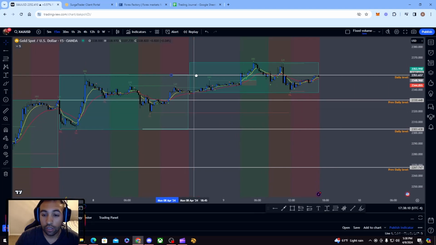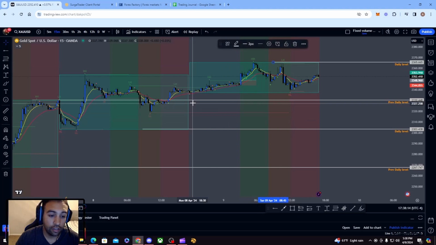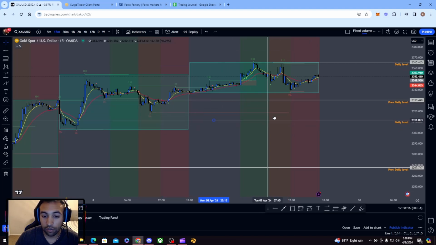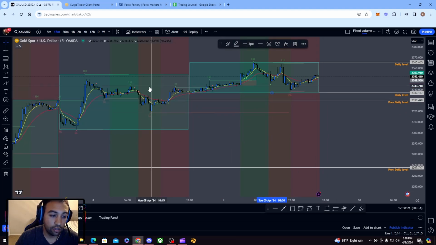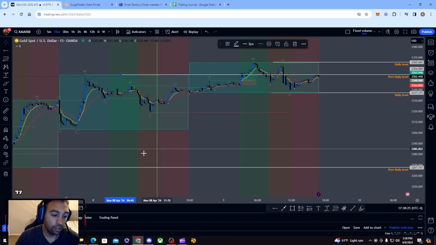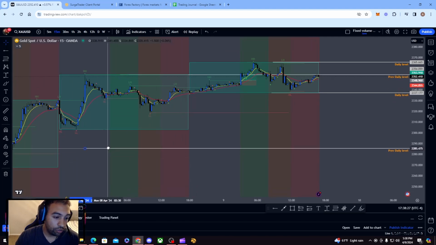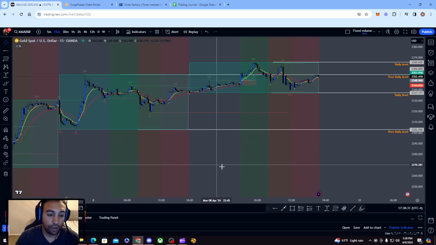So this now becomes the daily high, and this one now becomes the daily low, and then this one will be the previous daily high and the previous daily low. And that's literally how I find my levels.